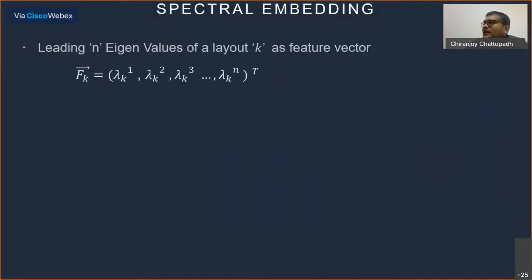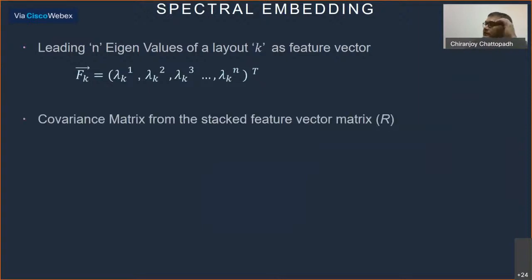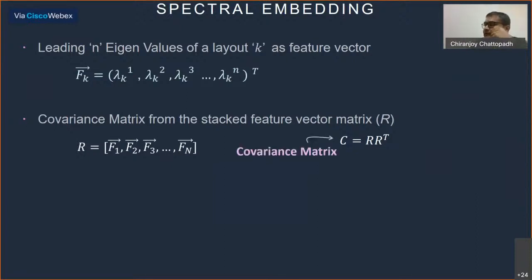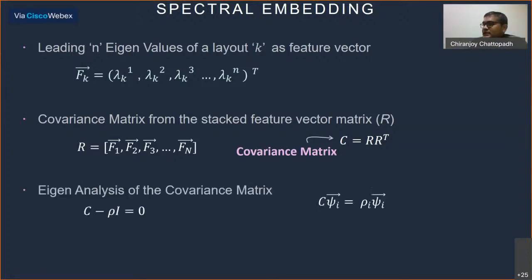So essentially we have this feature space where we do this spectral embedding. We have the n eigenvalues of that adjacency matrix, and then from the covariance matrix we have this representation, and these are all happening on the adjacency matrix that we have. Okay, and then we calculate this eigenanalysis on it, and the top three eigenvectors comprise the feature matrix.